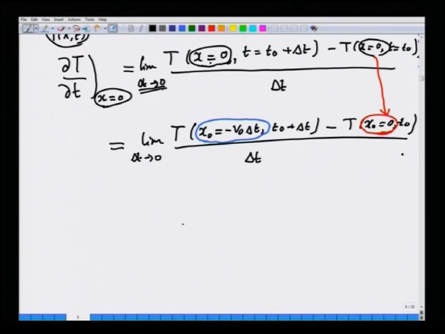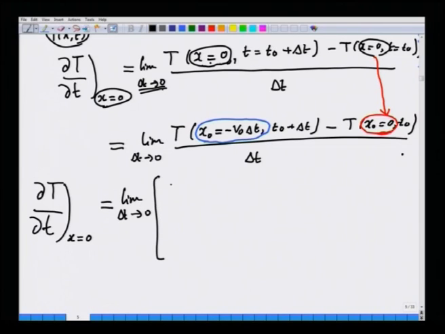Okay. So, having done this, we are still having on the left side the Eulerian time derivative of the temperature field. I am going to do a small mathematical simplification by adding and subtracting.